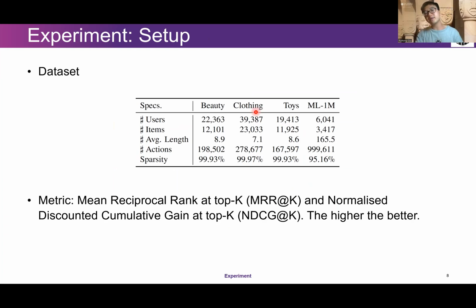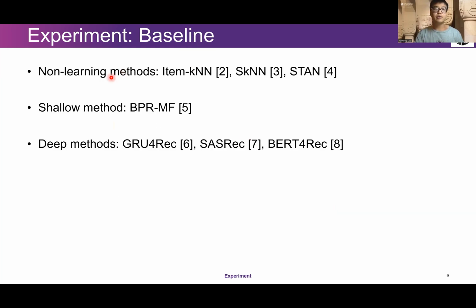In our experiments, we evaluate the performance on 4 datasets, 3 from Amazon and 1 from MovieLens, and we use mean reciprocal rank and normalized discounted cumulative gain to evaluate the performance of different models. The higher the better. For the baselines, we first choose the non-learning methods, most of which are based on KNN.